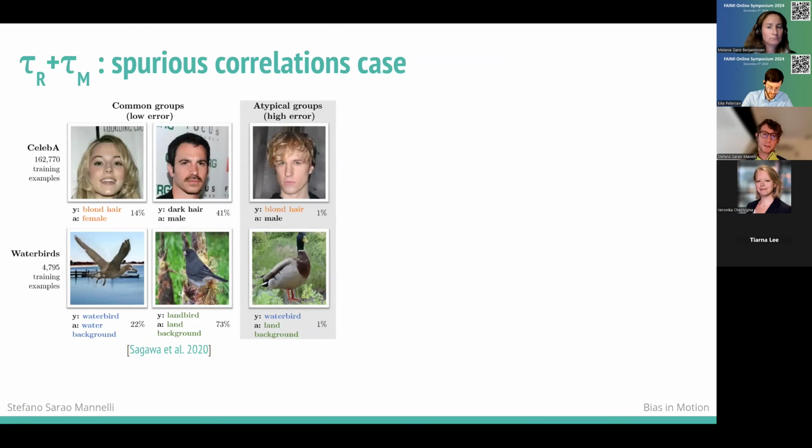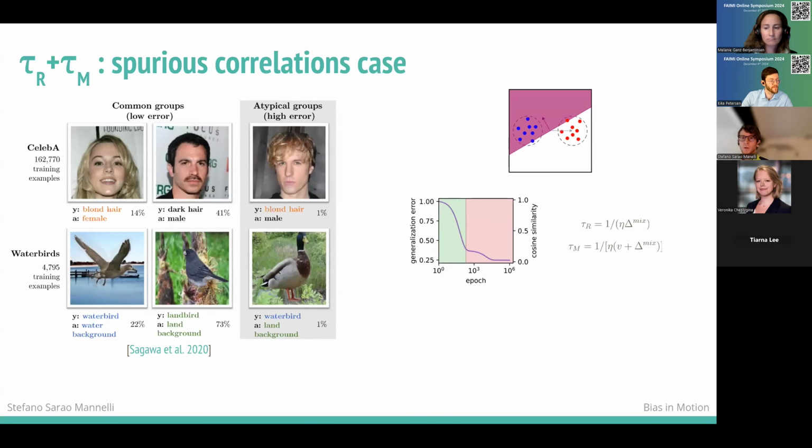A classical data set for this is the water birds one, where you have water birds and land birds, and classifiers tend to use the background as an information for predicting the kind of bird that you have. And so when you observe a duck out of the water, the classifier is very confused because it considers that as a land bird. So within our model, we can produce something similar.